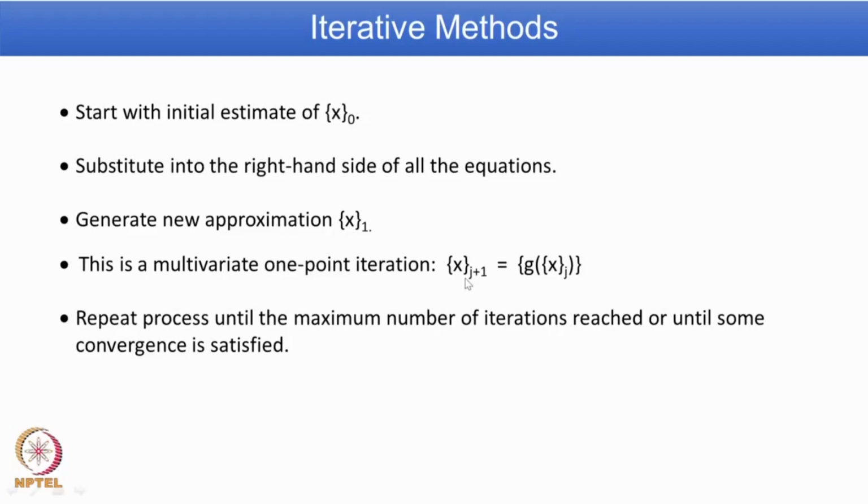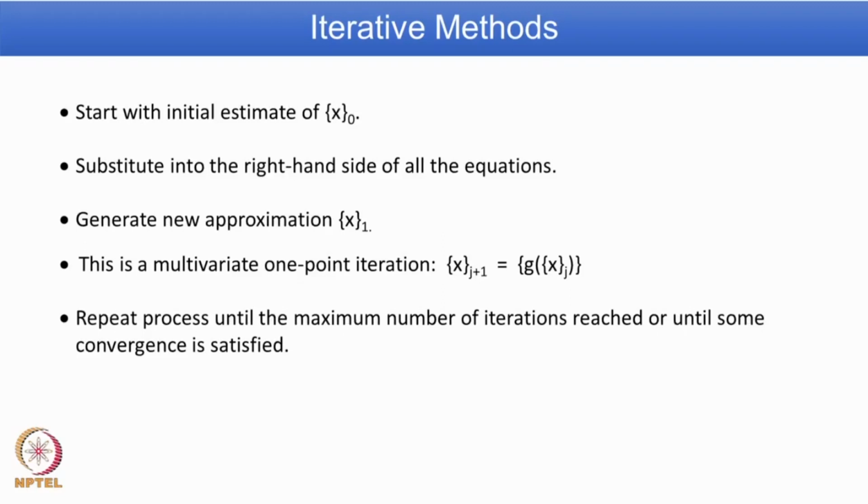Mathematically, x at j plus 1 is equated to some function g of x at j, which is why it is called multivariate one point iteration. Repeat this process until one of two conditions is met: either you specify a maximum number of iterations or you specify some convergence limit.